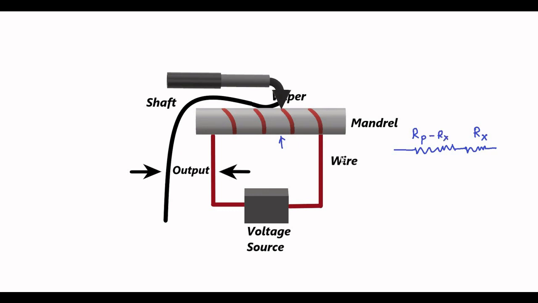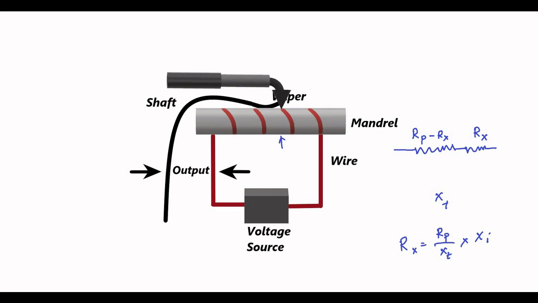Also, as I said, the total length is xt, so depending upon the instantaneous position xi, the resistance Rx is given by this. Like this the whole thing happens, and as a result, through the voltage division rule, through this DC voltage source, we get the output signal.